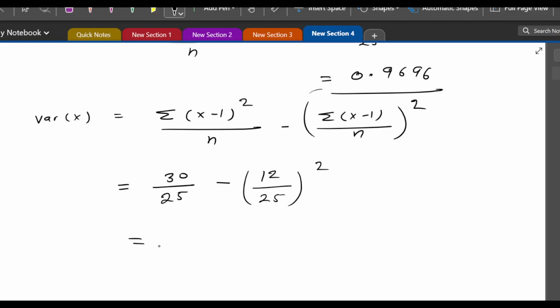So this will give you 30 divided by 25 minus 12 divided by 25, the whole square.